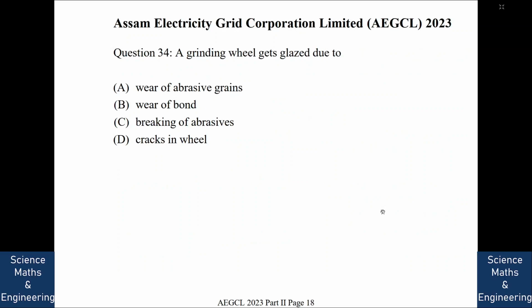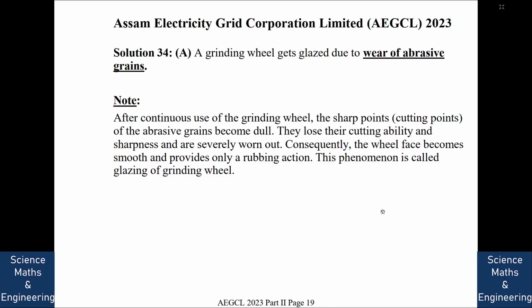A grinding wheel gets glazed due to, so what is glazing? The answer is, a grinding wheel gets glazed when there is wear of the abrasive grains. Glazing means the wheel becomes smooth and it can only provide a rubbing action.